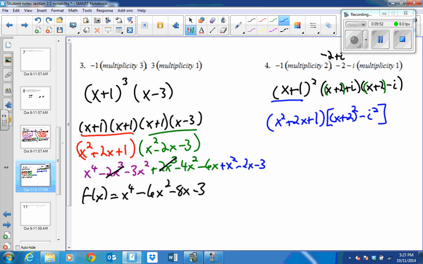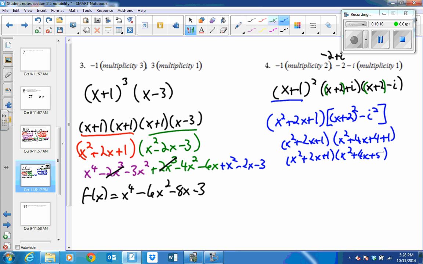So this one I'm not going to touch right now. We still have x squared plus 2x plus 1. This one is going to become x squared plus 4x plus 4. And then we're going to have plus 1. So we have x squared plus 2x plus 1 times x squared plus 4x plus 5.